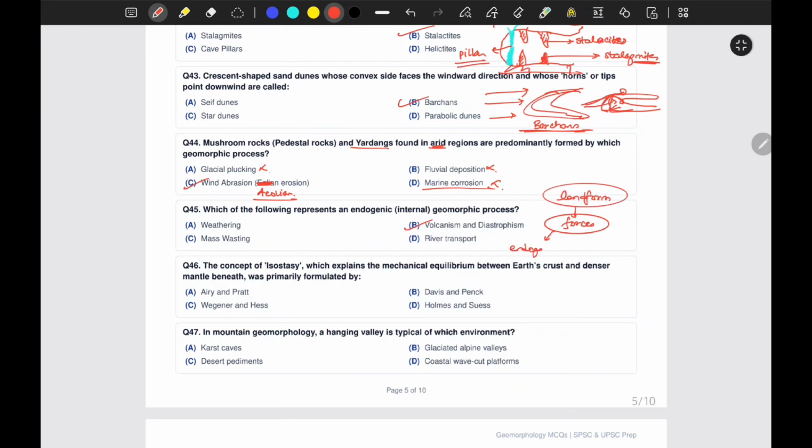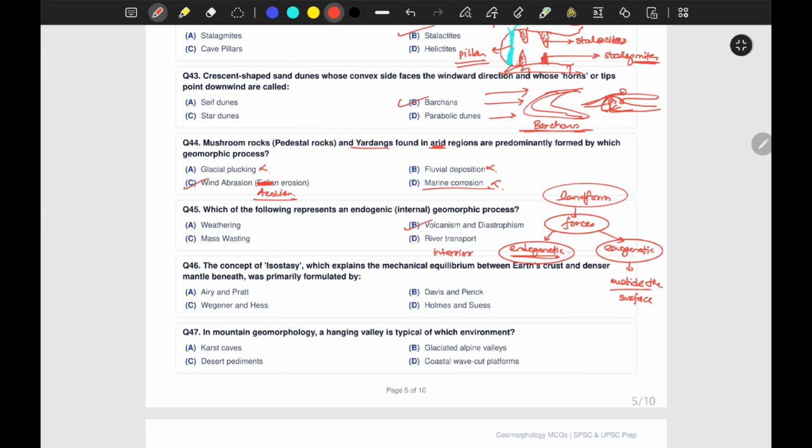One is endogenic forces, and the other is exogenic forces. Endogenic forces are the forces coming from the interior of the earth, and exogenic forces come from outside, from the surface.